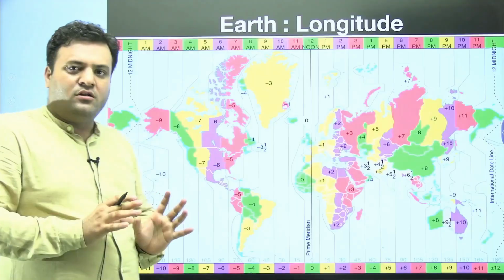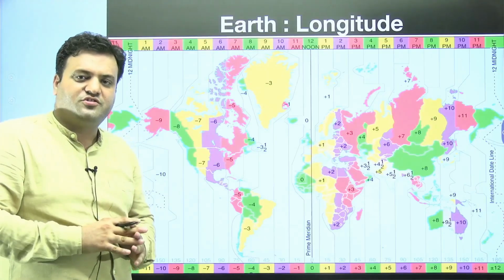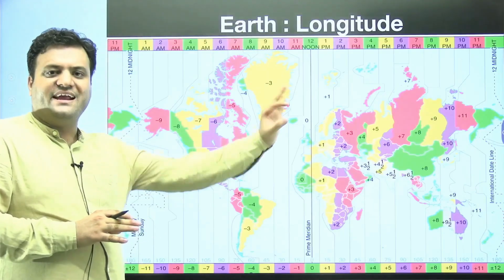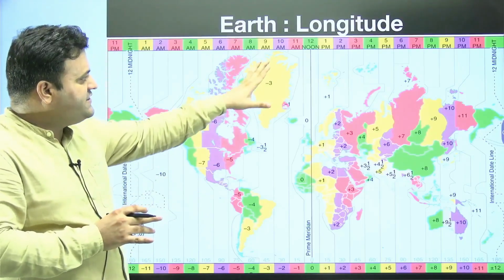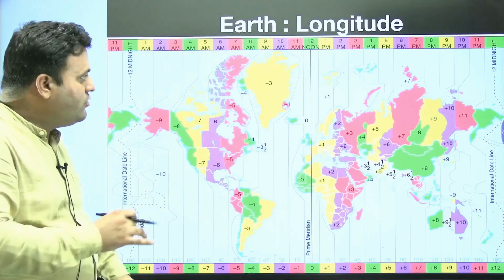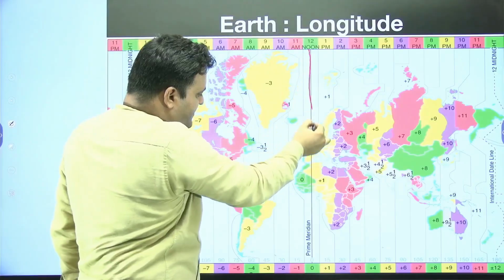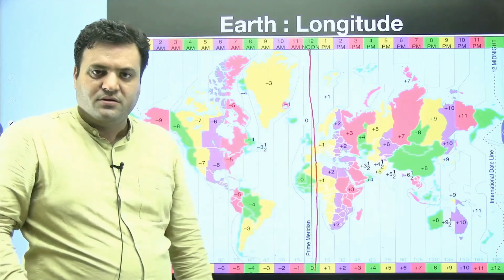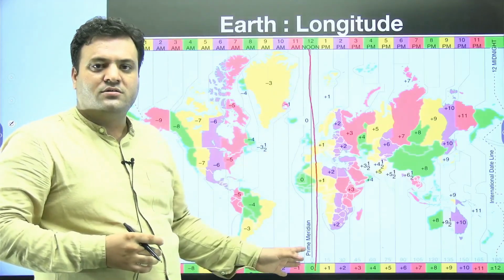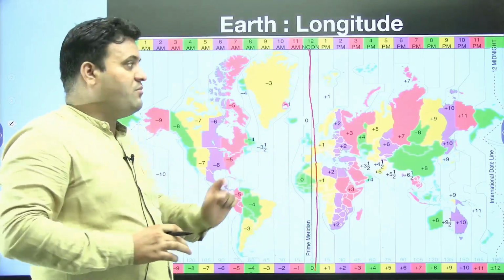Now, based on these longitudes, we actually divide the entire Earth in terms of what? In terms of time zones. So here you can see that we have a longitude. We have this 0 degree, which is known as the prime meridian, or also known as the 0 degree longitude, the Greenwich line, Greenwich mean time, you might have seen.